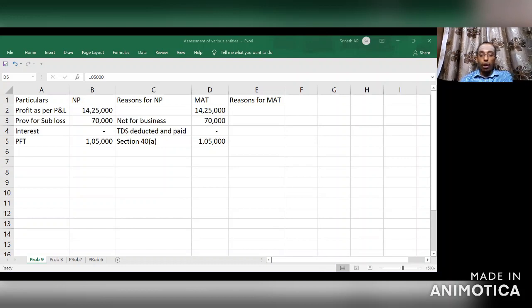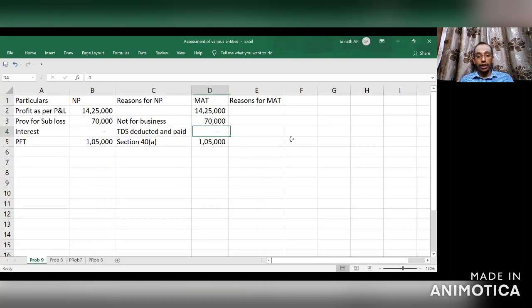But I don't want to change the dates now, because it's already given. If the dates were changed, then it should be disallowed ideally. But in case of MAT, there will be no adjustment. Yeah, in MAT there cannot be an adjustment. That's why I didn't give any reason for MAT.